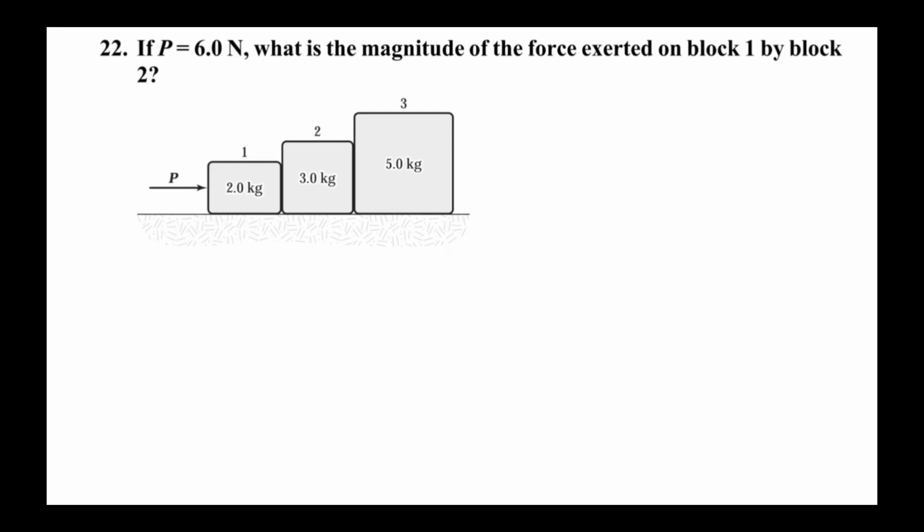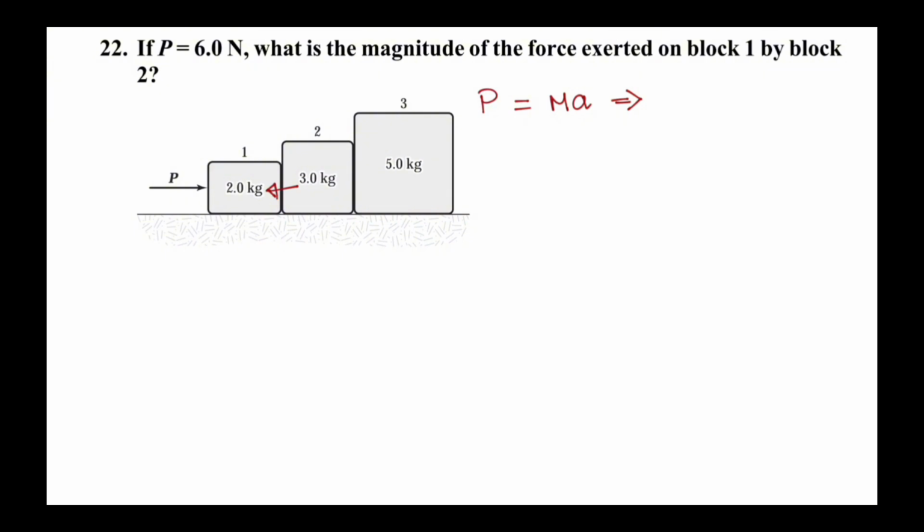If P equals 6 newtons, what is the magnitude of the force exerted on block 1 by block 2? In this case, we are looking for the magnitude of the force exerted on block 1 by block 2, this one right here. P equals MA, so the total force is P in this case.